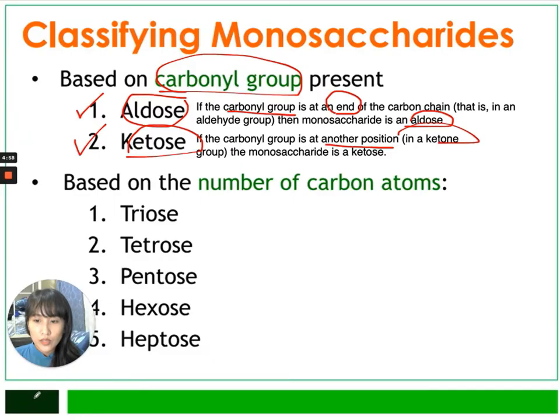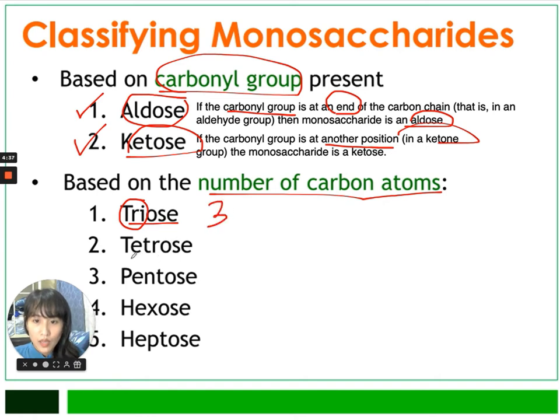The next one is the classification of monosaccharides based on the number of carbon atoms. The first one is triose, with the prefix tri, which means 3.